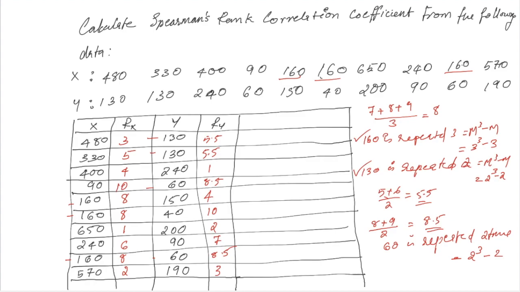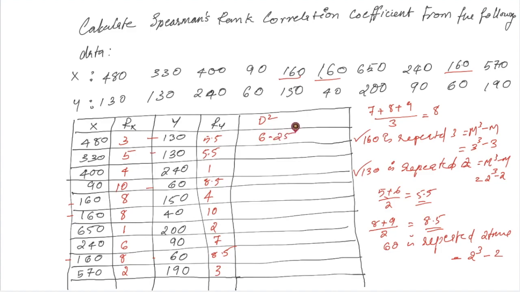Now we'll see what is d and d square, right? The process is quite simple and the same as what we have done in the earlier case. So 8 minus 5.5, which obviously is 2.5. So d square will be 6.25, right?